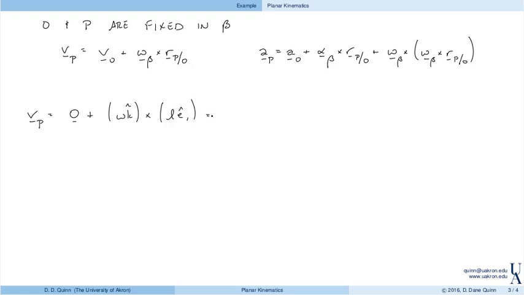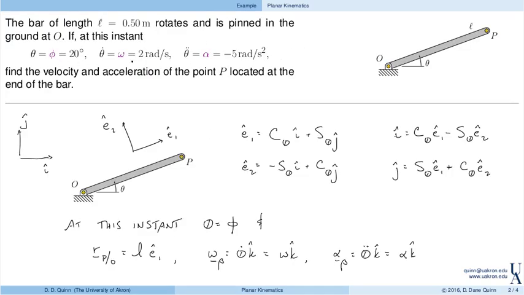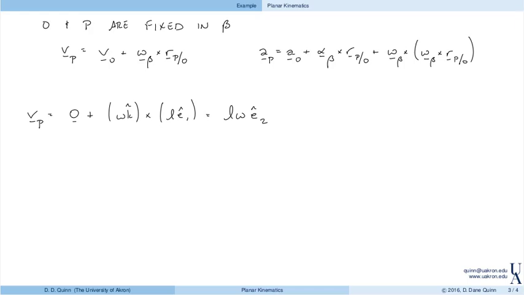And so we can evaluate this. K cross E1 is E2. So the velocity of P is L omega in the E2 direction. And if I take the numerical values that I've been given, L and omega, then this becomes 1 meter per second in the E2 direction.